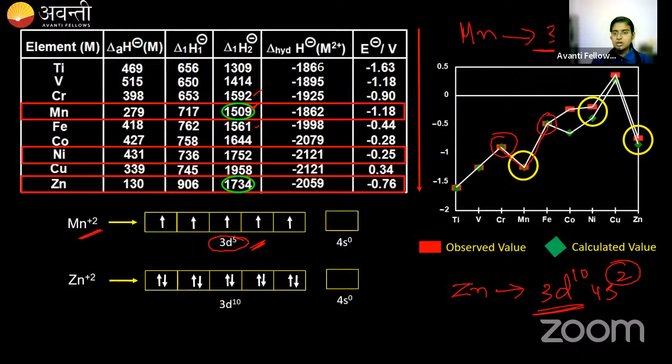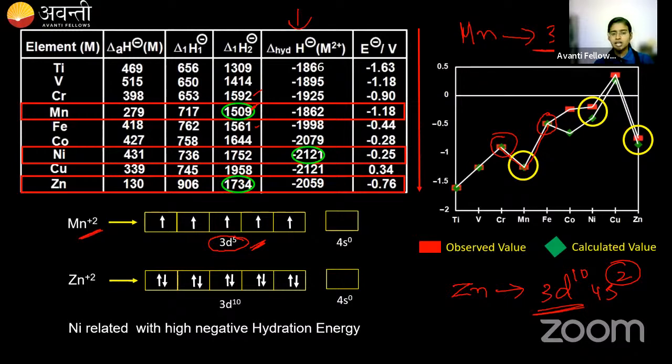These values are also related with high negative hydration energy. You see for nickel, in the hydration energy column, nickel has the more negative value.